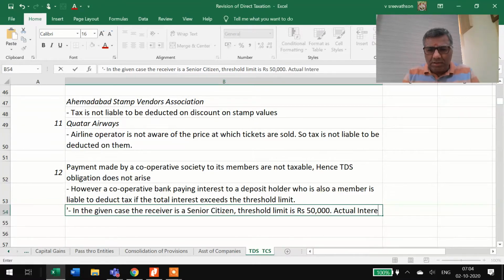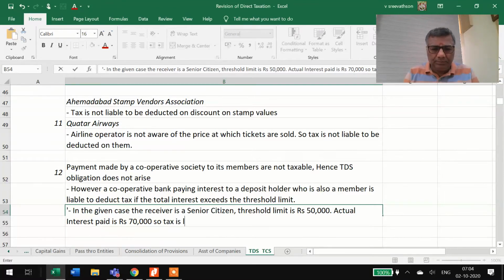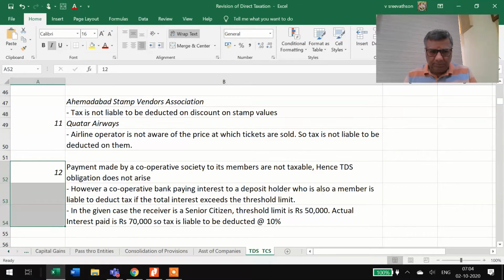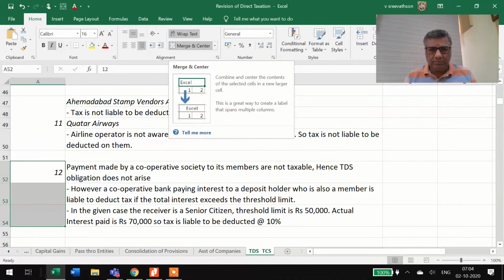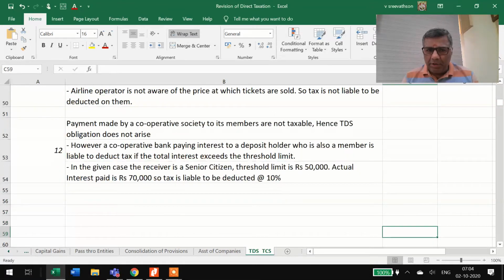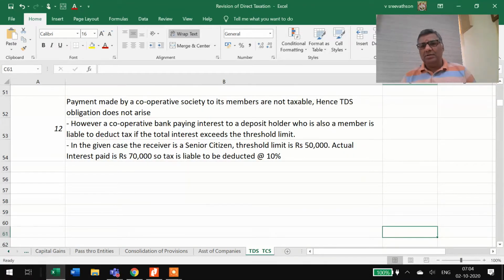Actual interest paid is rupees 70,000. So tax is liable to be deducted at 10%.